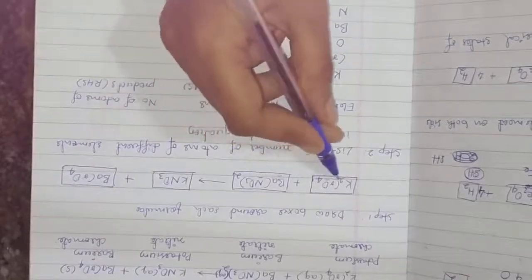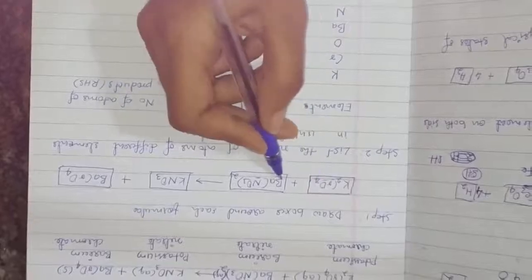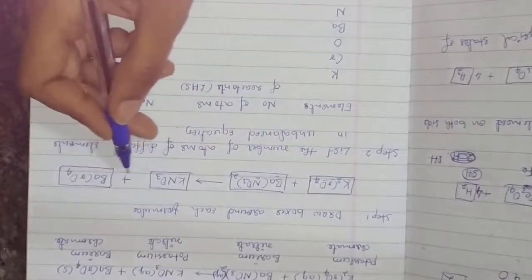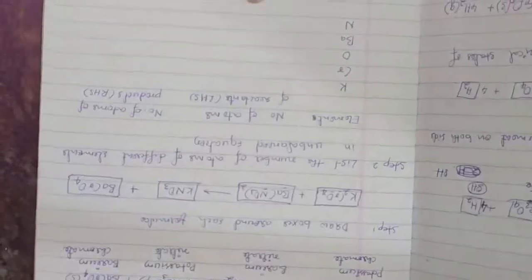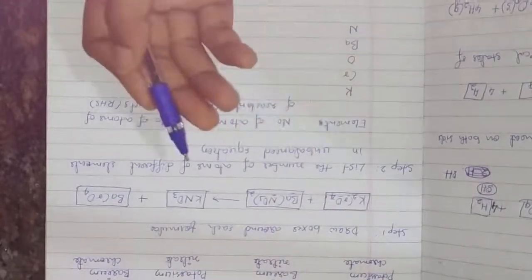Once again: potassium, chromium, oxygen, barium, nitrogen. In the product side also these 5 elements are present. Now we have to count the number of atoms of these elements on the reactant and product sides.